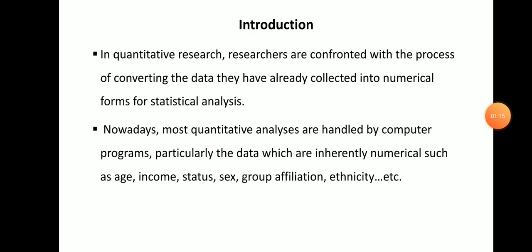In quantitative research, researchers are confronted with the process of converting the data they have already collected into numerical forms for statistical analyses. Nowadays, most quantitative analyses are handled by computer programs, particularly the data which are inherently numerical, such as age, income, stages, sex, group affiliation, ethnicity, and so on and so forth.